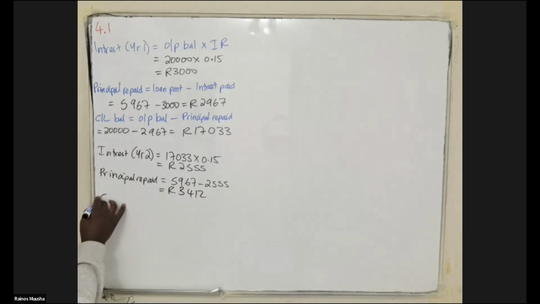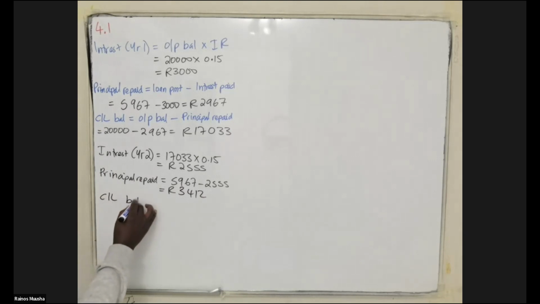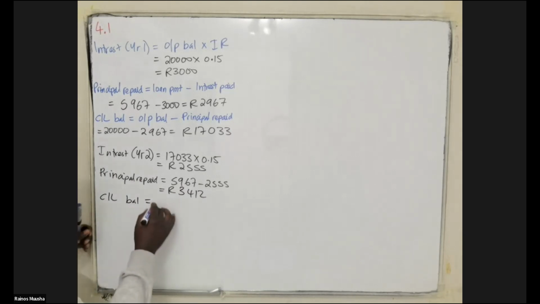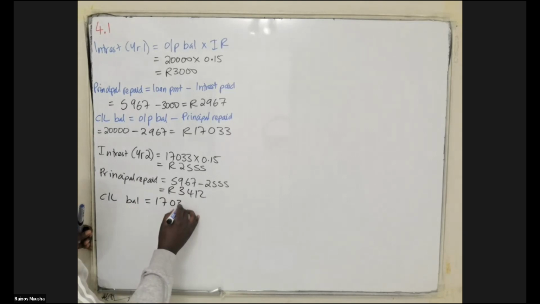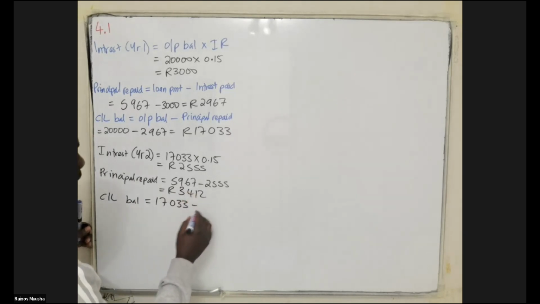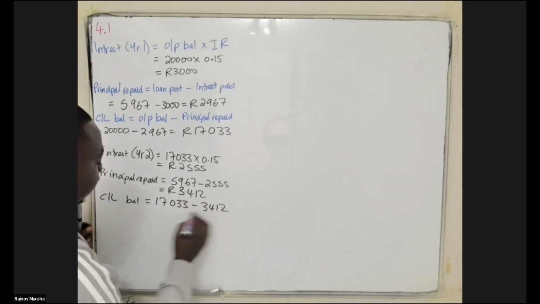Then the closing balance for year 2 will be equal to your opening balance. You started off owing 17,033. You repaid 3,412.